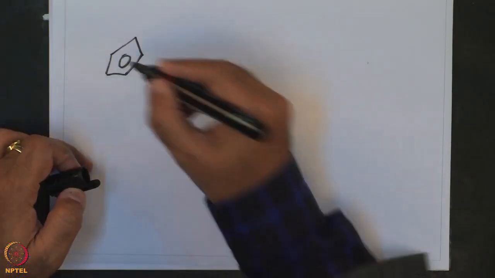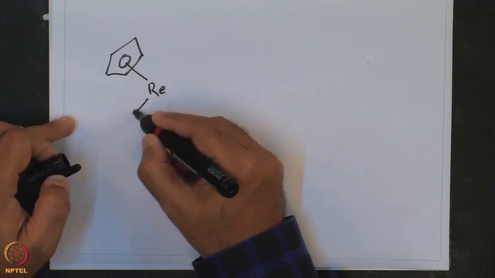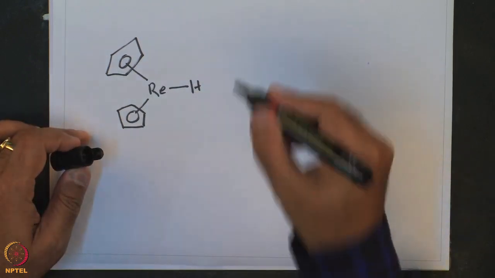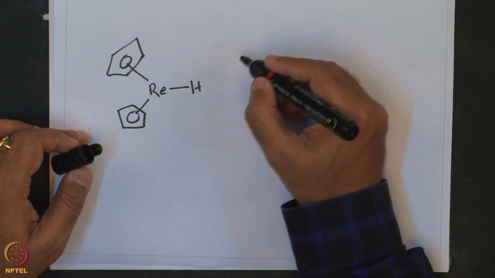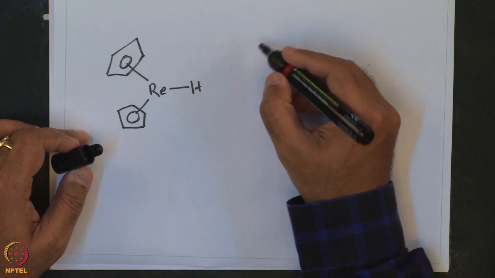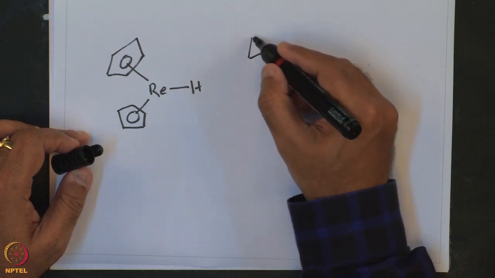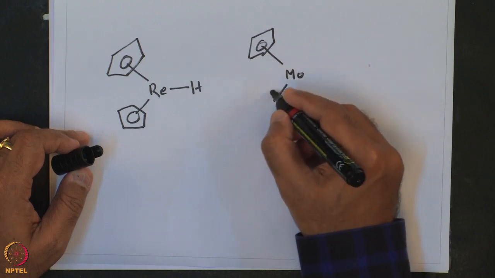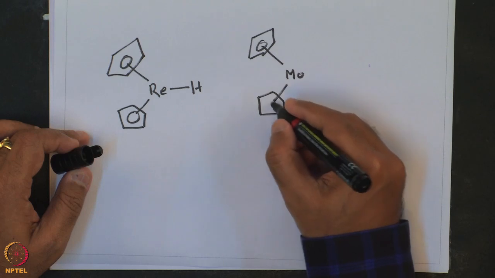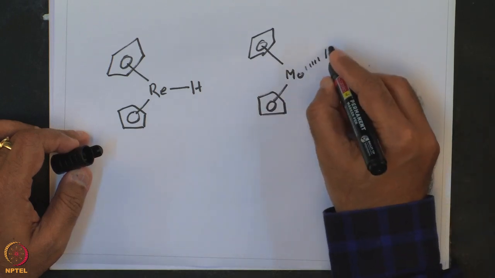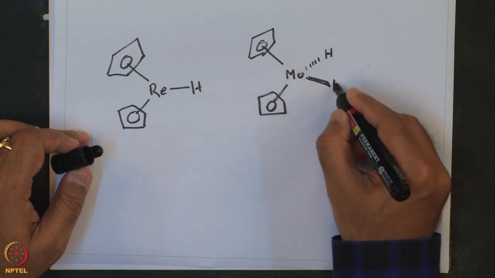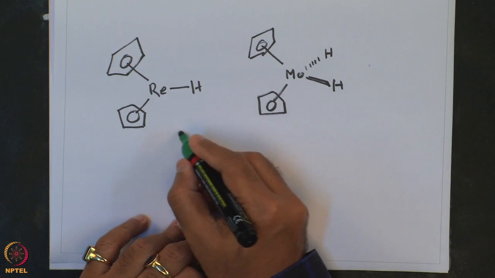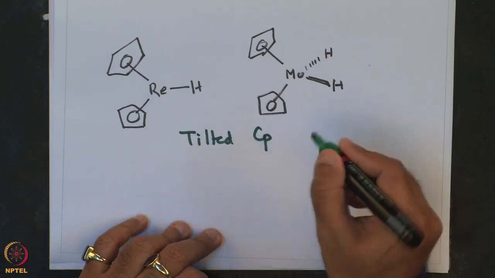Cp2 rhenium hydride has a tilted Cp ring similar to that of the molybdenum complex. These have tilted Cp rings.